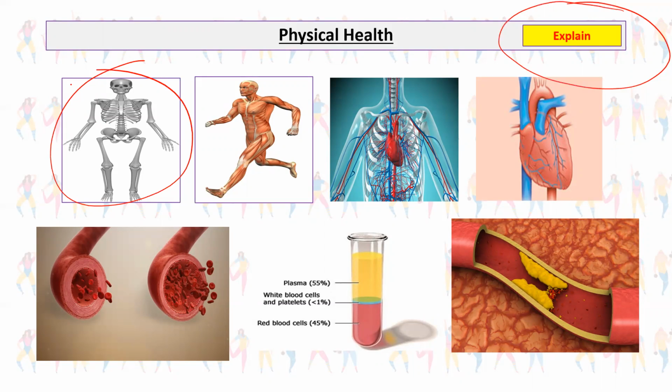Equally, if you have something like increased cardiovascular endurance or an increased strength of your heart, the impact of that is an increased cardiovascular system, which will then lead to reduced coronary heart disease.